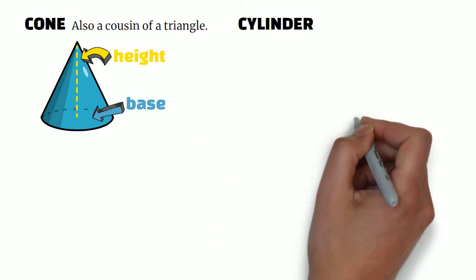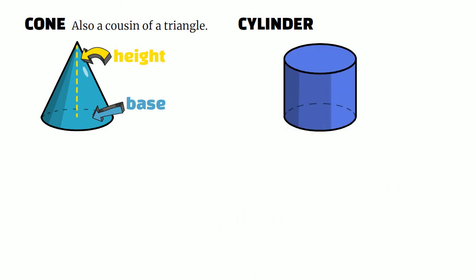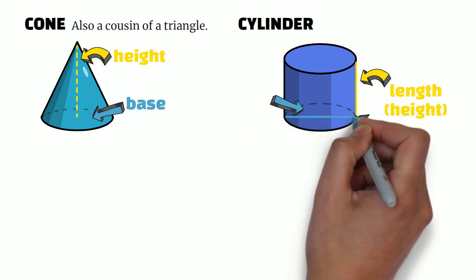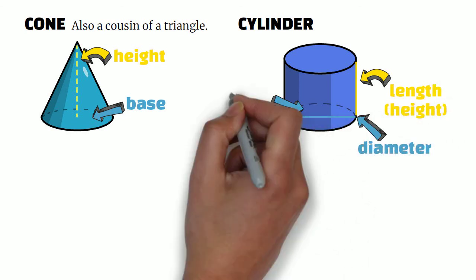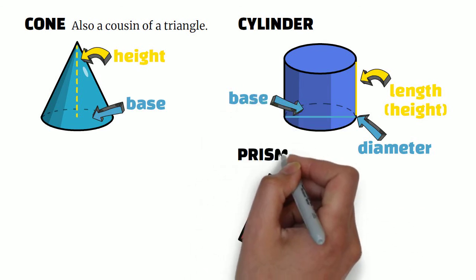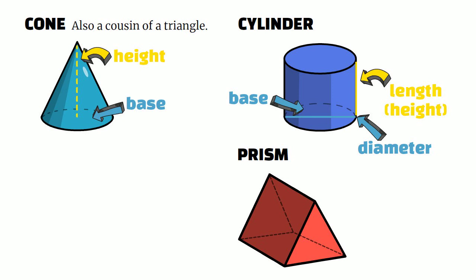A cylinder. The most important dimensions here are the length or a height, diameter or a base. Another common object is a prism.